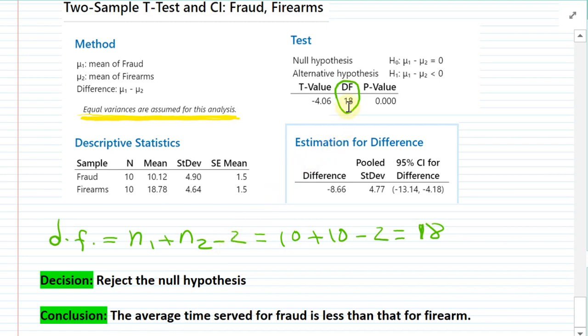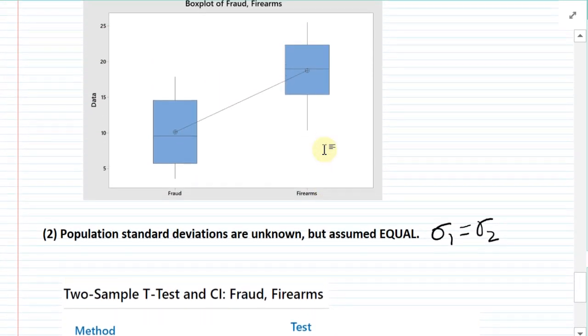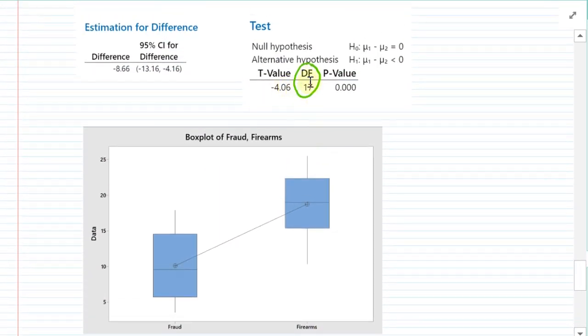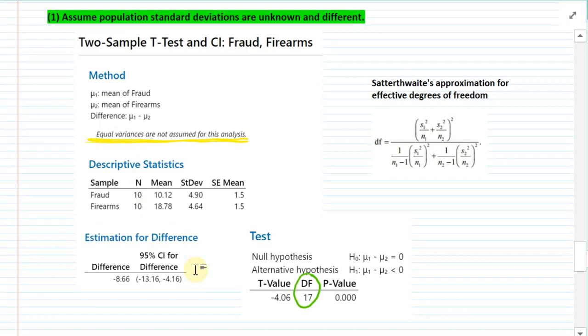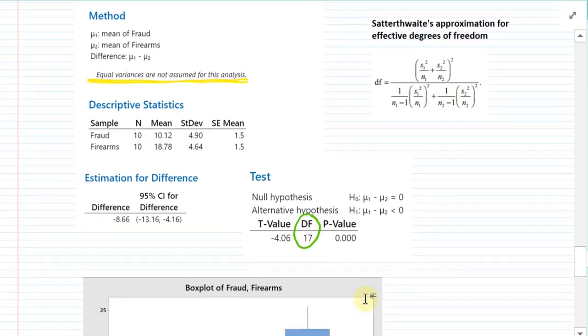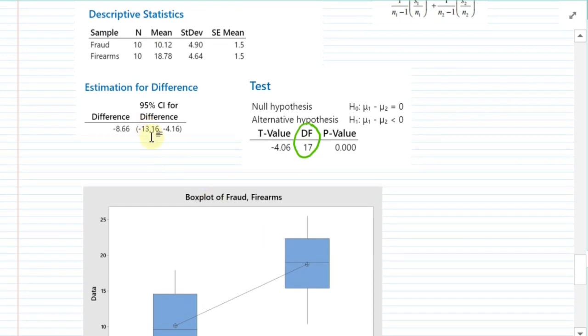And there we have it. But notice, by the way, look at the p-value. It's the same. Our test statistic, 4.06, of course, is not going to change, because that's based on the formula. The only difference between the first procedure and the second one is just the change in degrees of freedom. And look at the confidence interval, from -4 to -13.